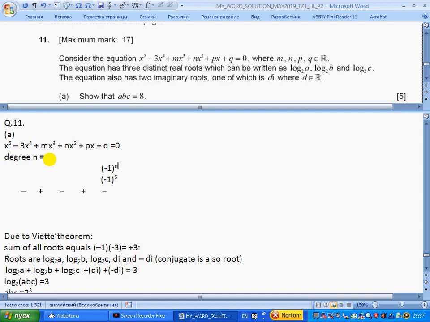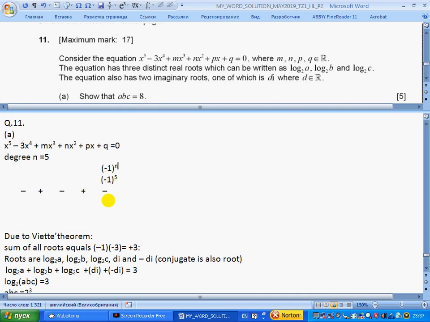So we have degree of this polynomial 5, it means that the product of the roots will be equal to q multiplied by minus 1 to the nth power, which is 5, so it is minus.